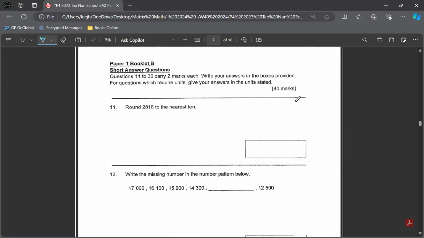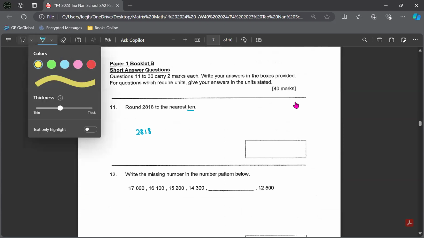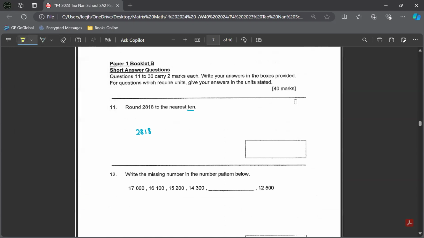Okay, so question 11. Round 2,818 to the nearest 10. So we write down 2818. Nearest 10, right? So we look at the digit in the ones place. Because if we want to round off, we need to make sure we look at the digit on the right-hand side of the place that's mentioned.